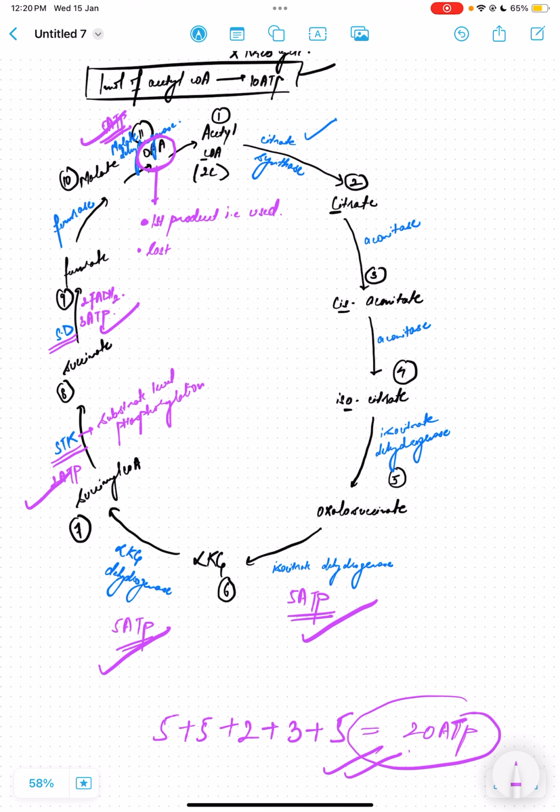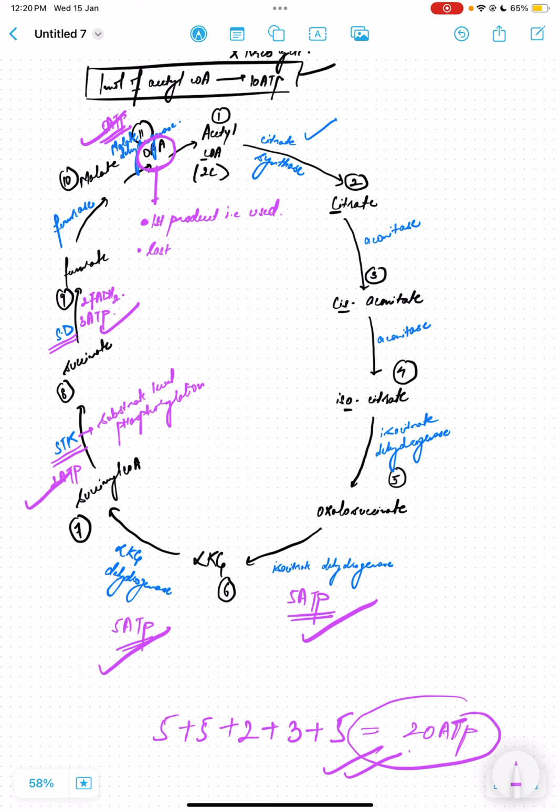Then oxalosuccinate will convert into alpha ketoglutarate with the same enzyme, isocitrate dehydrogenase. Then alpha ketoglutarate will convert into succinyl CoA with the help of enzyme alpha ketoglutarate dehydrogenase. Then succinyl CoA will convert into succinate with the help of enzyme succinate thiokinase, that is the substrate level phosphorylation involving our Krebs cycle.